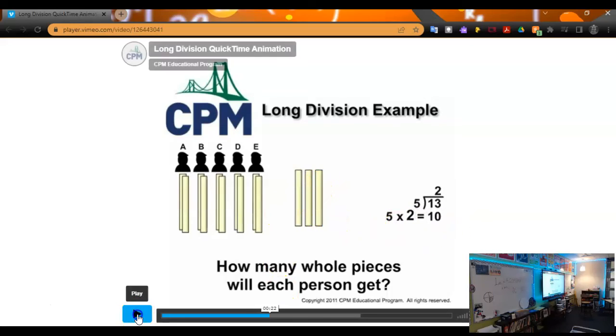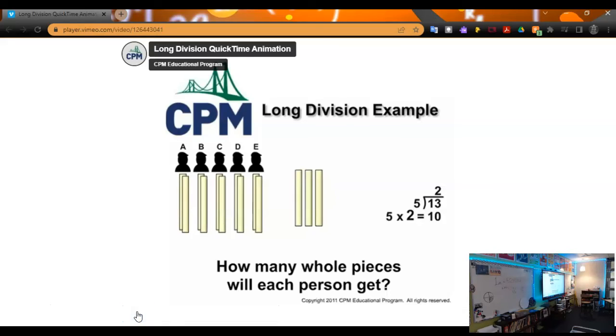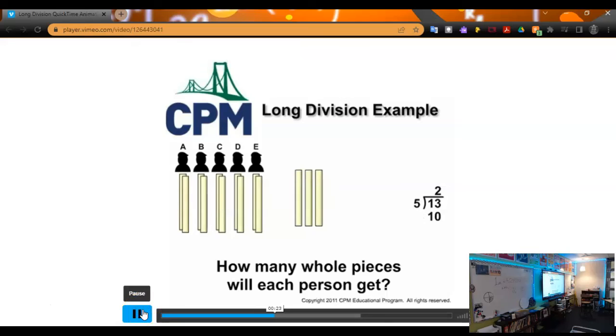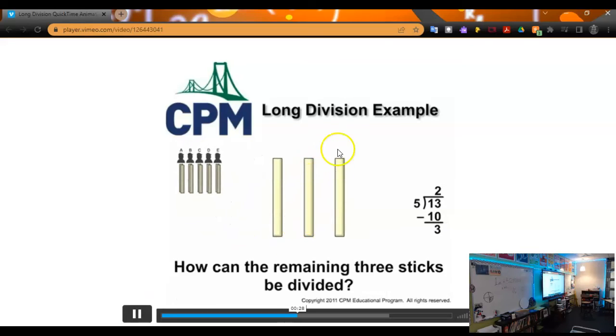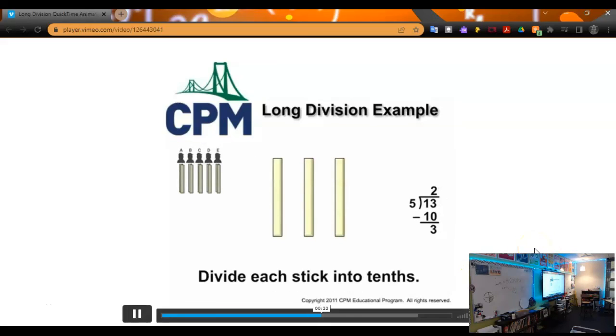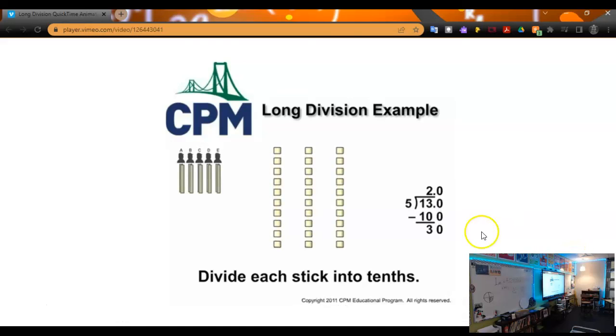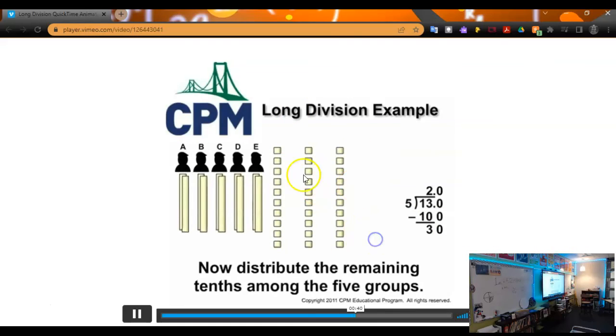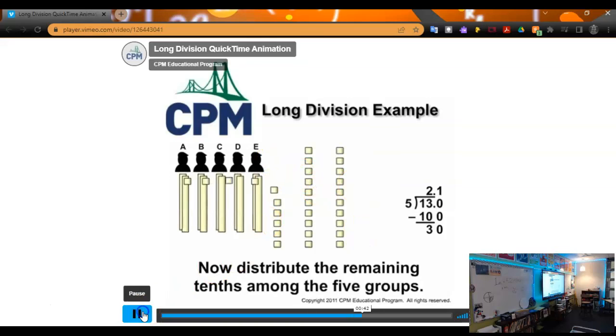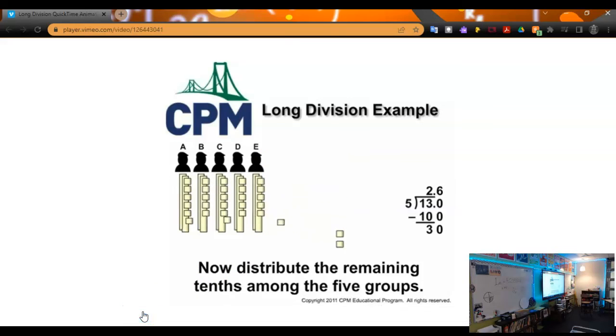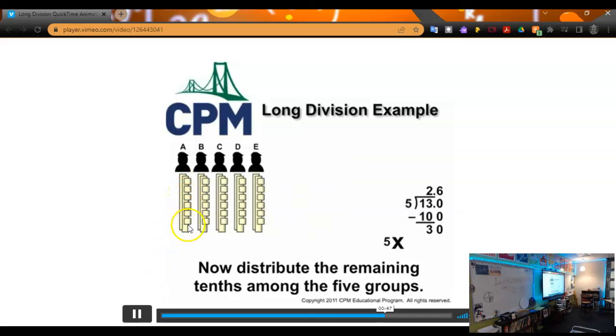Because we are in a decimal system, decimals need to be broken into tenths, or tenths again, which is hundredths, and so on. So we break these all into tenths, and that is how Ivan got his 30 cheese cubes. Now, can I divide 30 by 5? Yes. So I start divvying up, and they each get 6 of the little tenths.